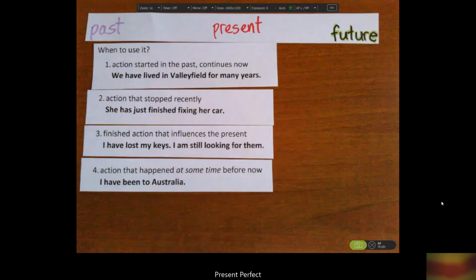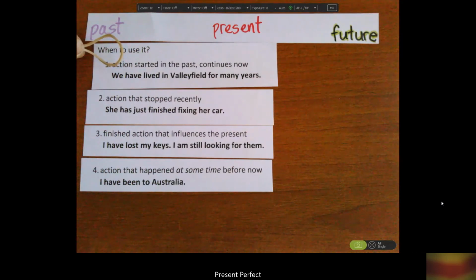Number 4, the action happened at some time before now. And I like to explain again with the elastic, but here, let's take the elastic as my trip to Australia. That is a past trip. It's finished. It stays in the past, unless we are at a party and you asked me the question, have you been to Australia?